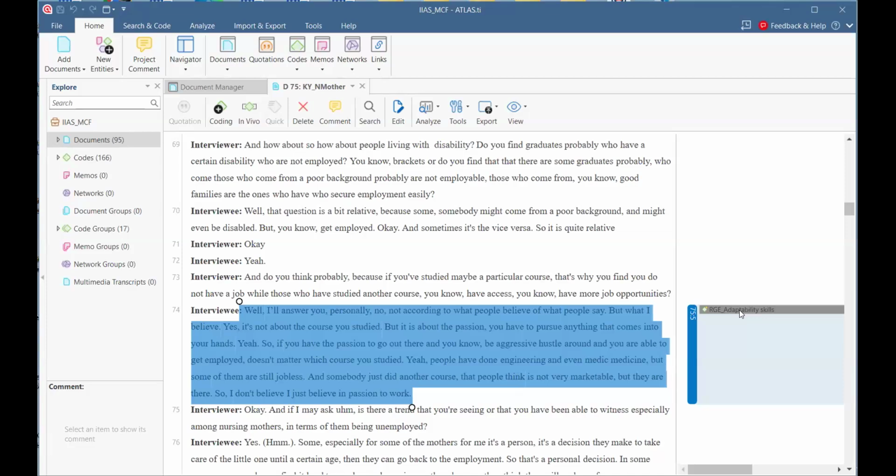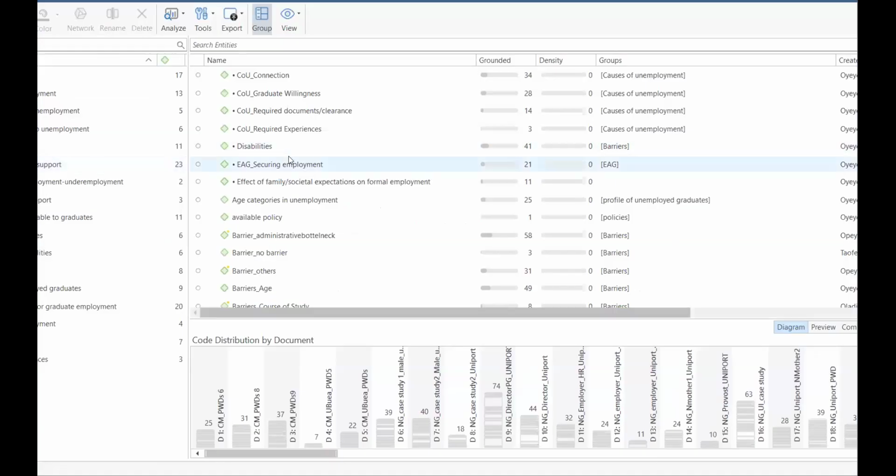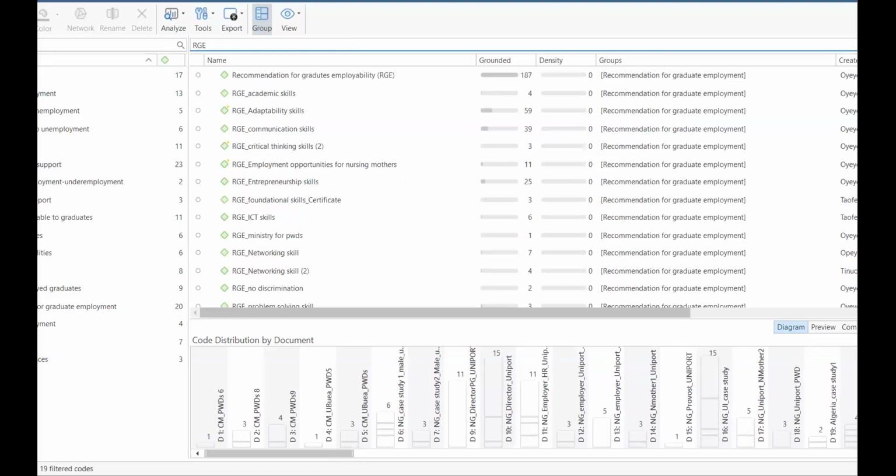Let's go back to the code, because it's been long. I can't remember what RGE means, so we can search for RGE here. Okay, it's recommendation for graduate employability.